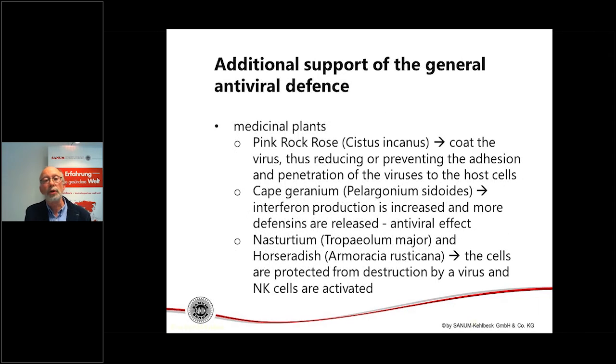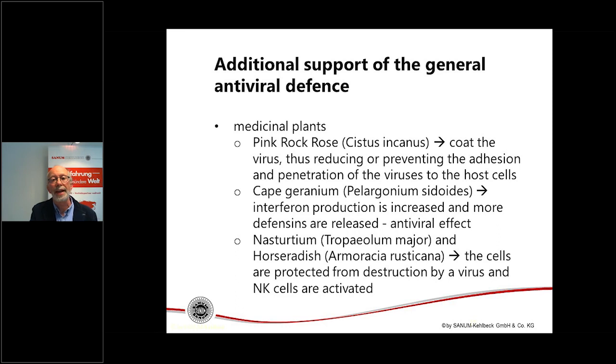For additional support of the general antiviral defense of the body, the following medicinal plants can be used as examples. The pink rock rose, Cistus incanus, contains, among other things, high molecular polyphenolic substances.